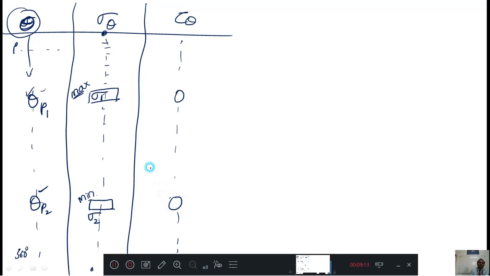Again 0. Very interesting, no? Mathematically I can prove that wherever sigma 1 is there, the shear stress is 0, and wherever sigma 2 occurs, the shear stress is 0. This I can prove to you. Therefore, this plane and this plane are called principal planes.